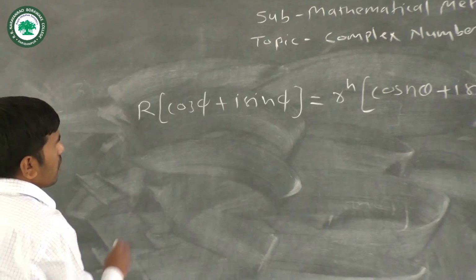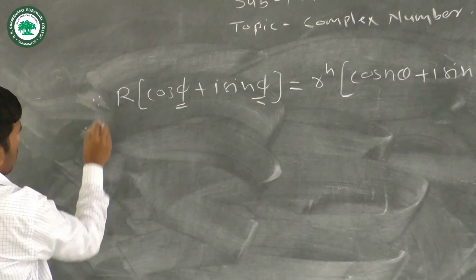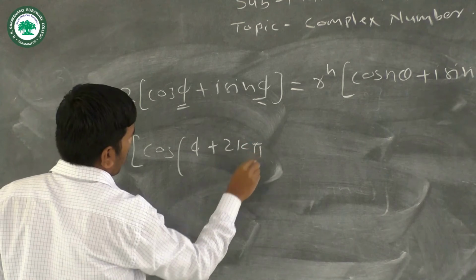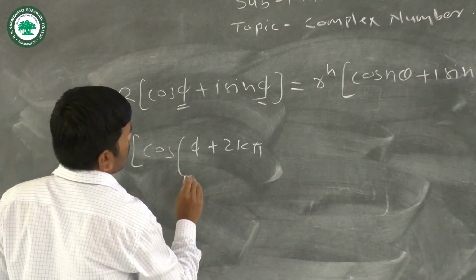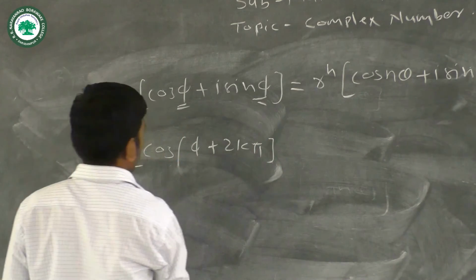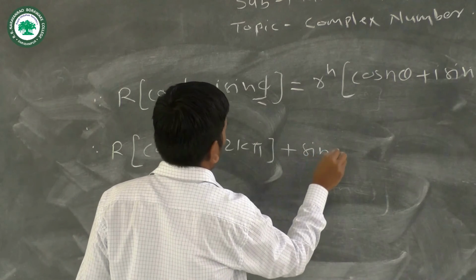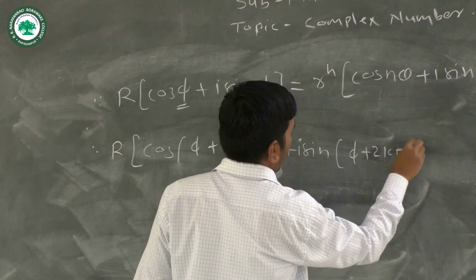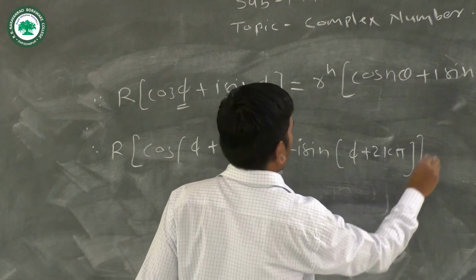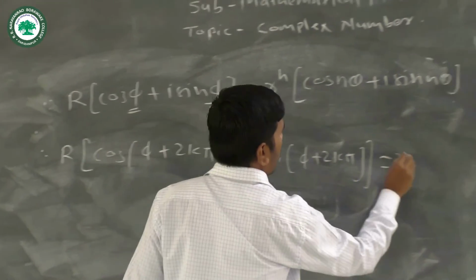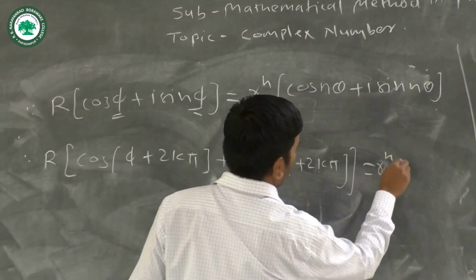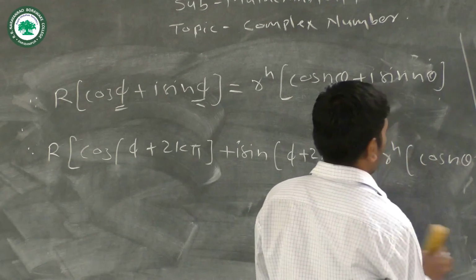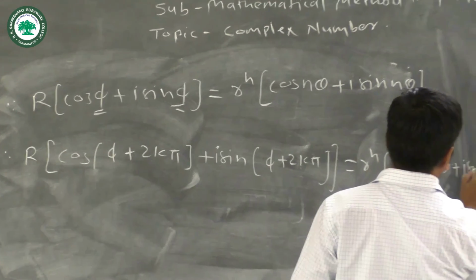Okay, so if we compare now, here this phi is also changed. So let me rewrite cos of phi plus 2k pi, plus i sin of phi plus 2k pi, is equal to this r power n cos n theta plus i sin n theta.